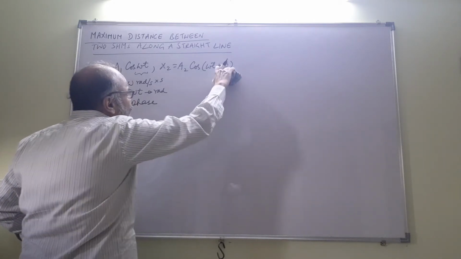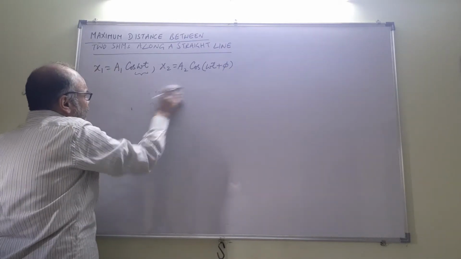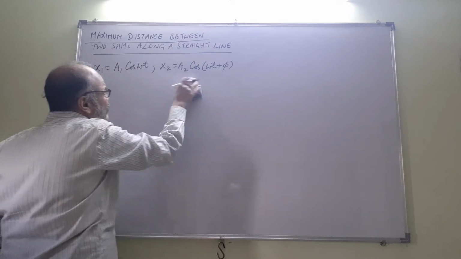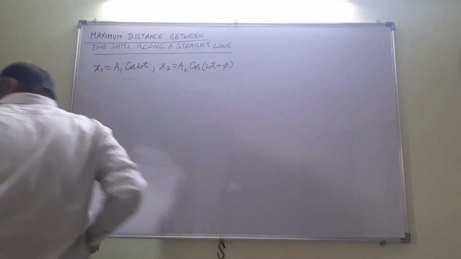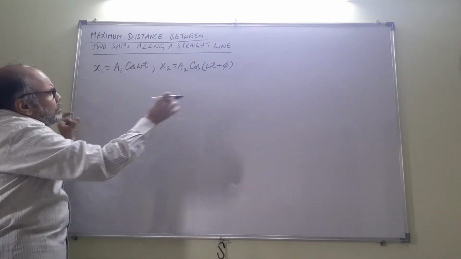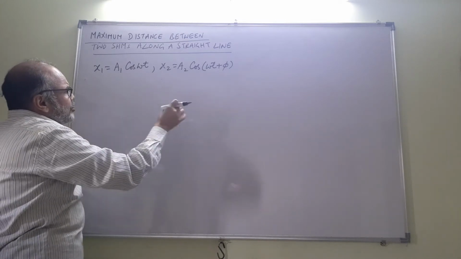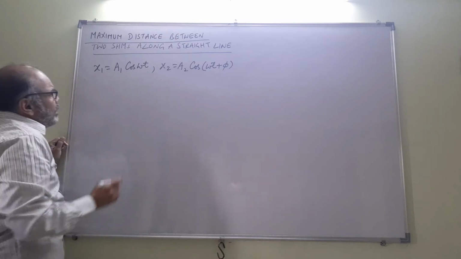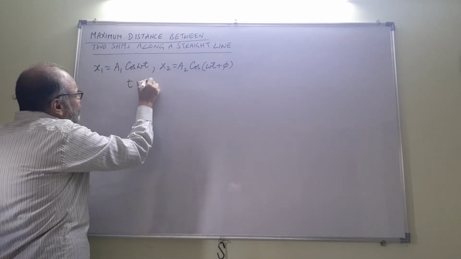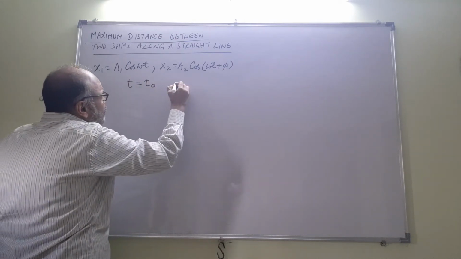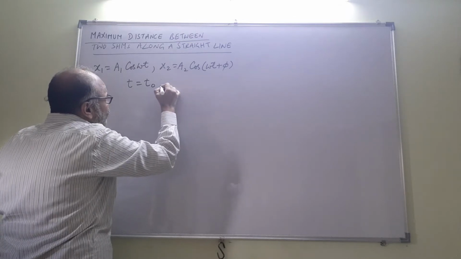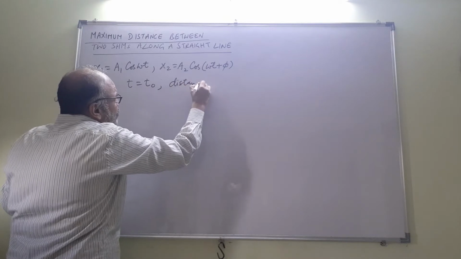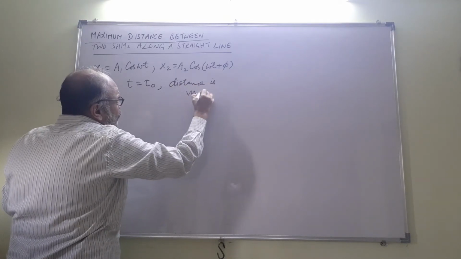Now let us say the two particles are executing simple harmonic motion, and at time t equals t naught, the distance between them is maximum.